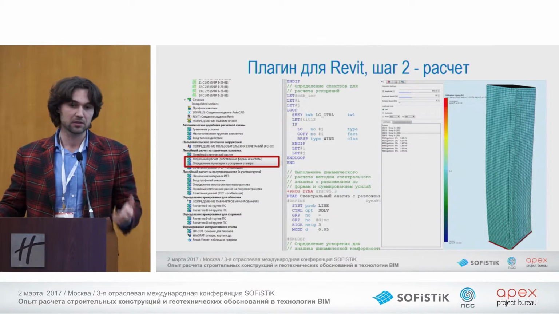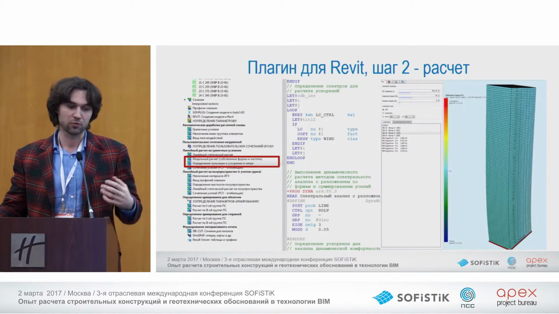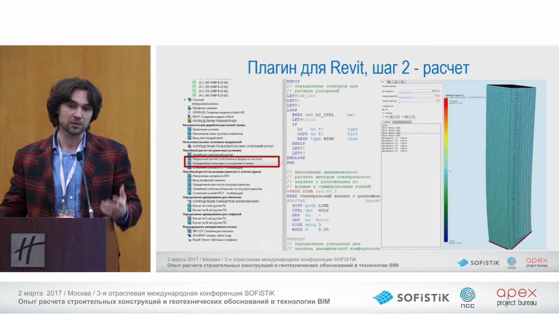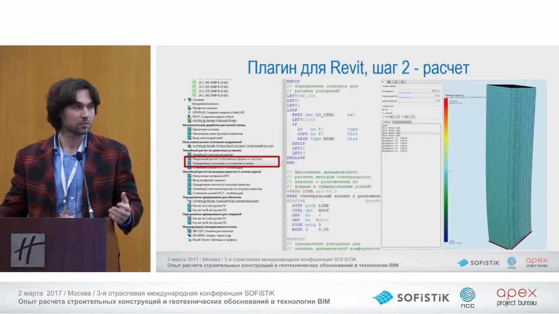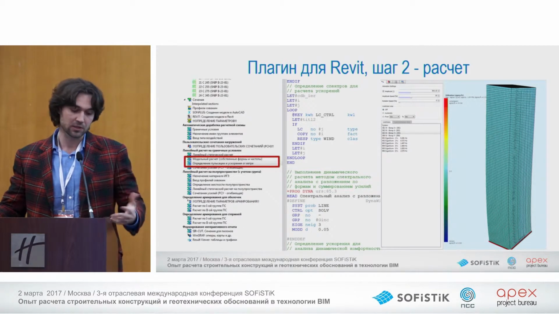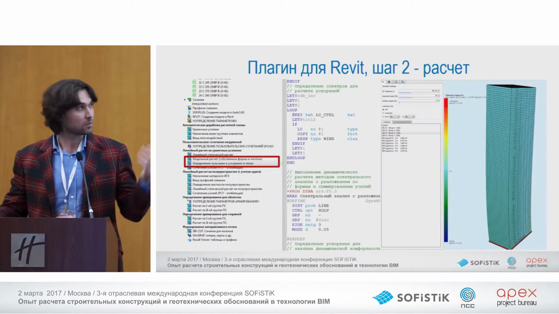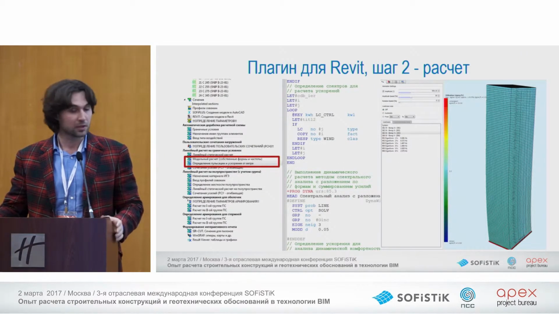Sophistic has such instruments as static and so that's why Sophistic turned into a kind of programming language, and it's very easy to write plugins and standardize and create algorithms. And what we create in Revit, we can seamlessly transfer to analysis without user participation.